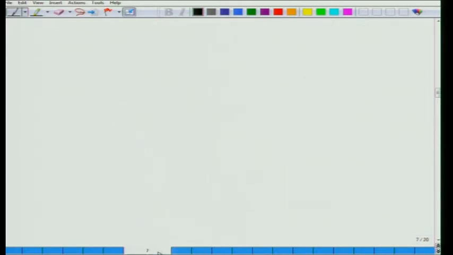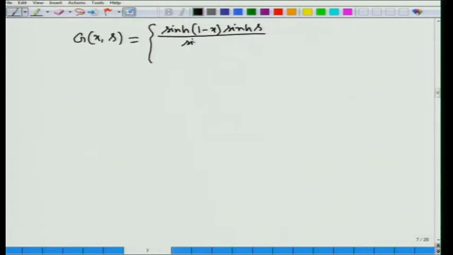So, therefore, finally, for the given problem, g(x, s) is equal to sinh(1 − x) sinh(s) divided by sinh(1), and sinh(x) sinh(1 − s) divided by sinh(1).